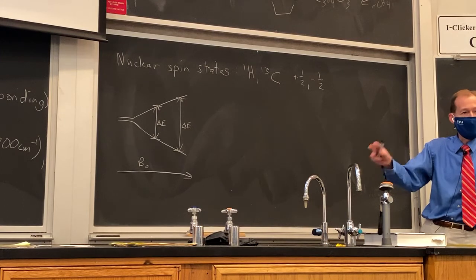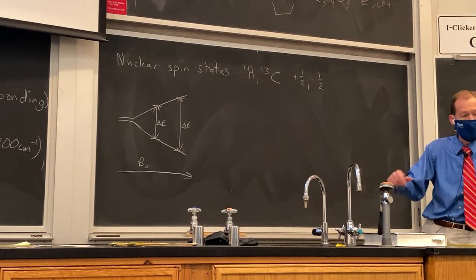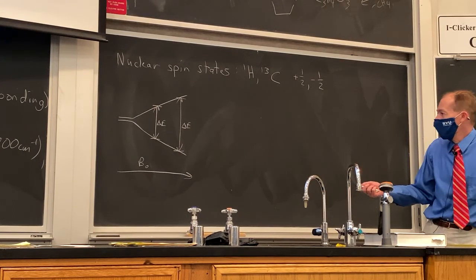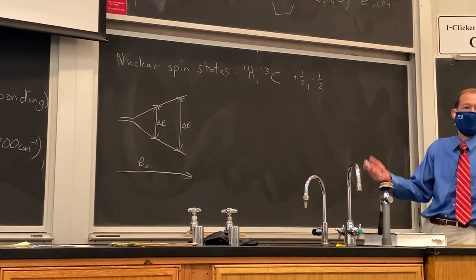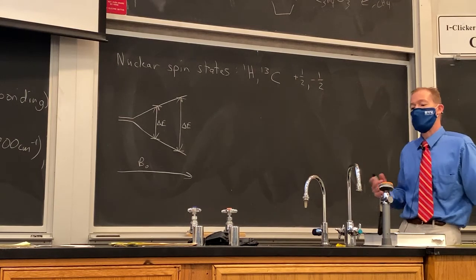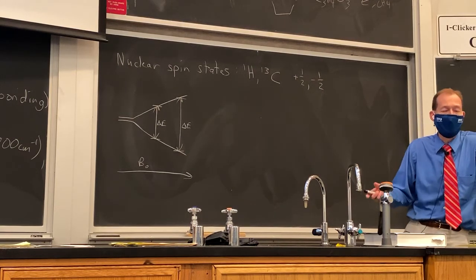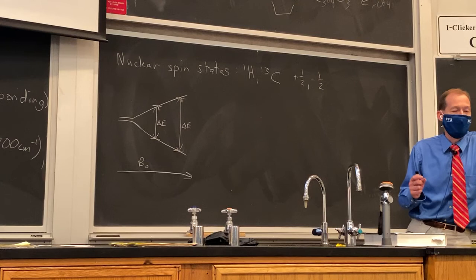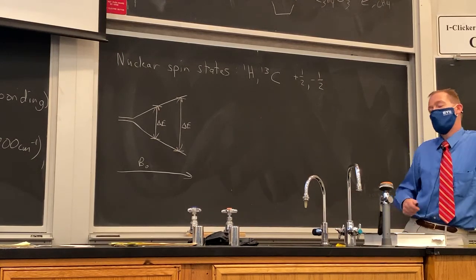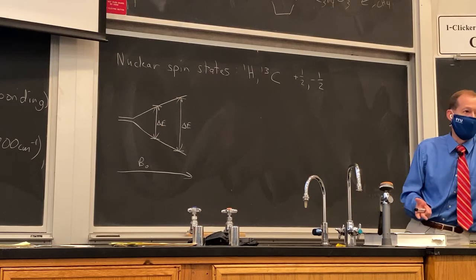But when you pulse at the right frequency of radiation, you flip them all to the higher energy state, and then a little more than half of them will relax back down to the lower energy state, giving off energy that is detected. Okay, so that's how we detect protons or nuclei in NMR spectroscopy. We irradiate them, promote them to the high energy state, and then we detect energy as they go back down.